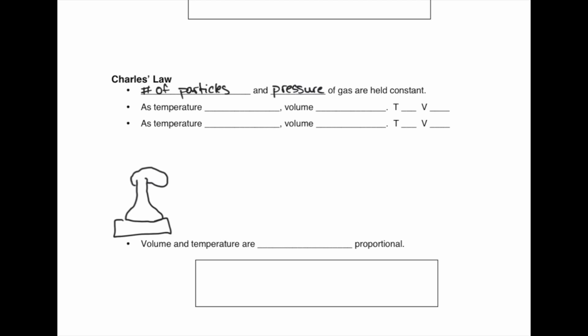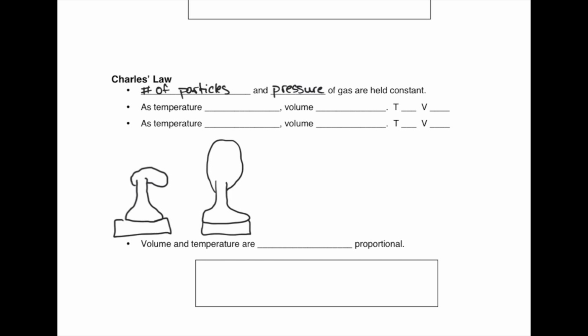And what I usually see is that the flask, while it's on the hot plate and the balloon, right, the volume inside of the balloon increases, right?